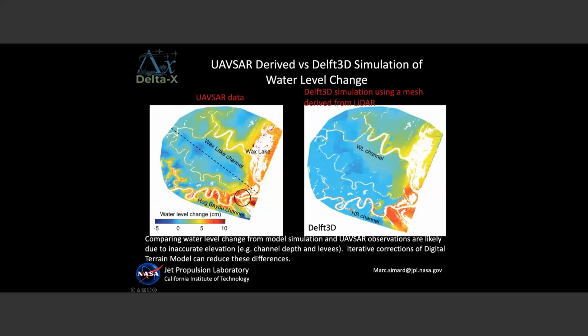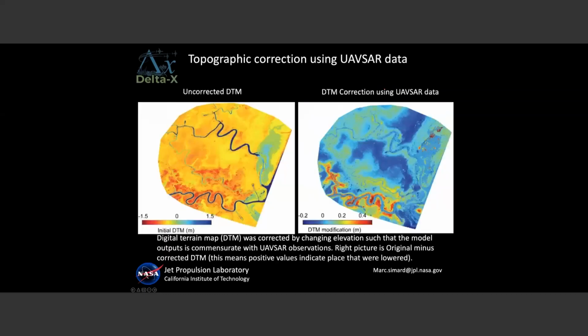And you can see the UAVSAR shows a lot more connectivity between the channels and the wetlands. So here what we did is use the UAVSAR measurements to dig the DTM, so the digital terrain model, which is the bathymetry. So this is the initial DTM and the modified one so that the model fits the UAVSAR observations.